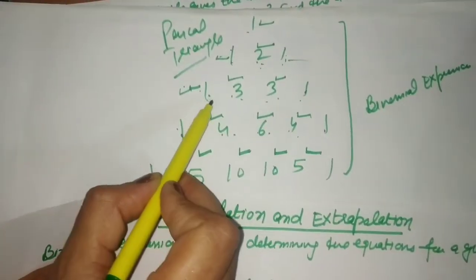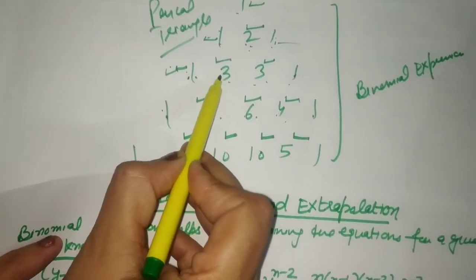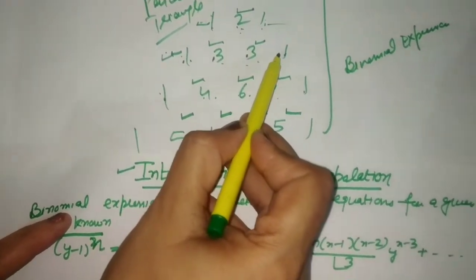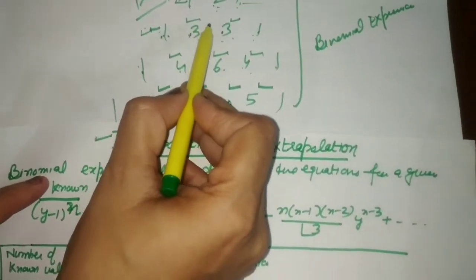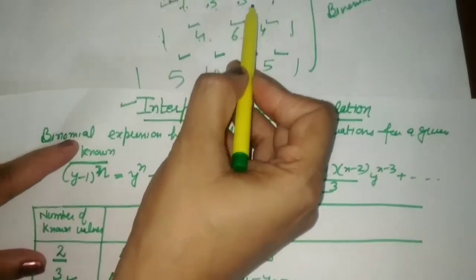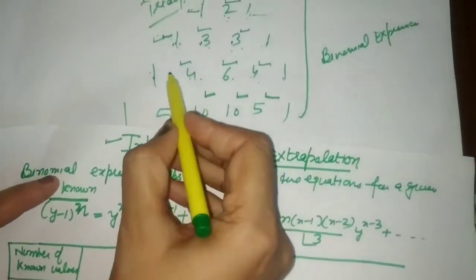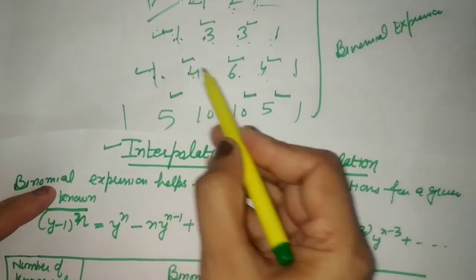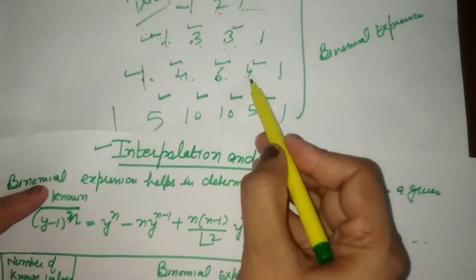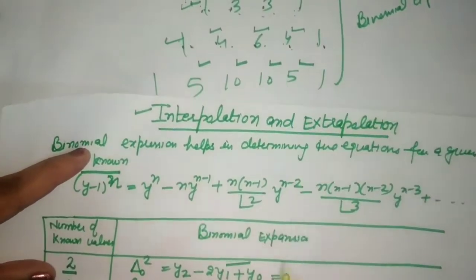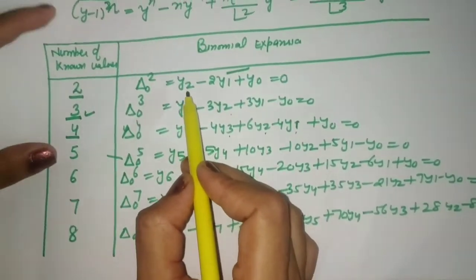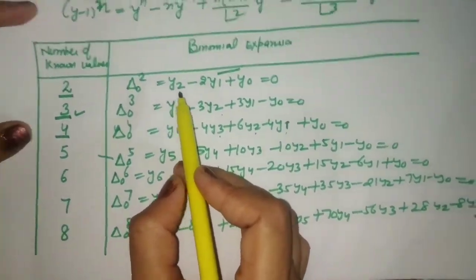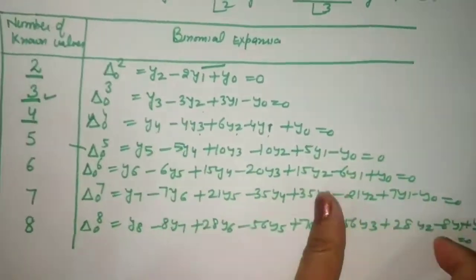Similarly I can use it from this one: y3 minus 3y2 plus 3y1 minus y0. That means we can take plus and minus alternate signs. For 4 values, I can take y4 minus 4y3 plus 6y2 minus 4y1 plus y0. So I can compare this Pascal triangle formula with this binomial expansion. This is the easy way to retain this formula.